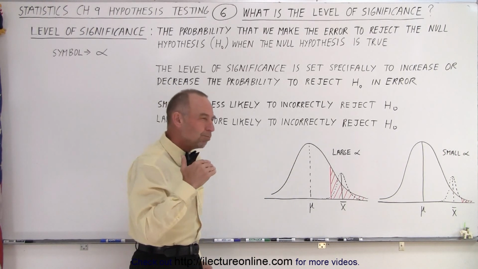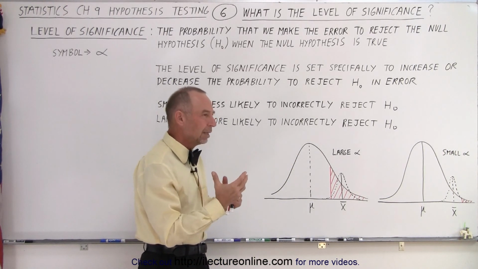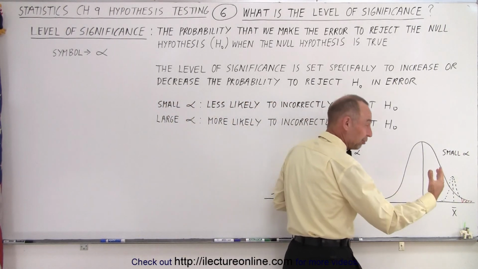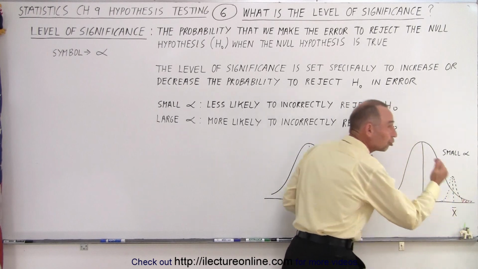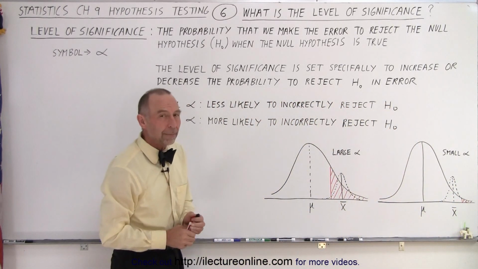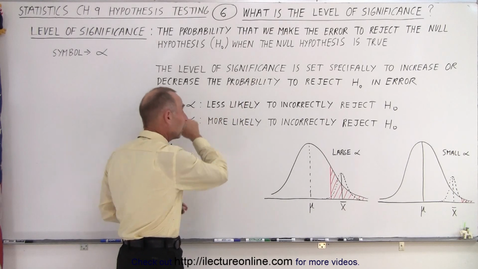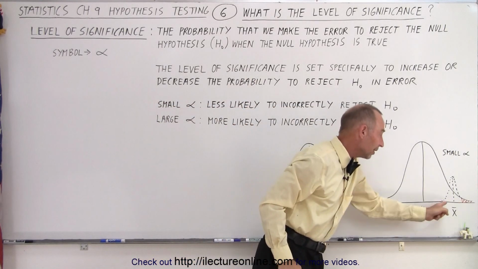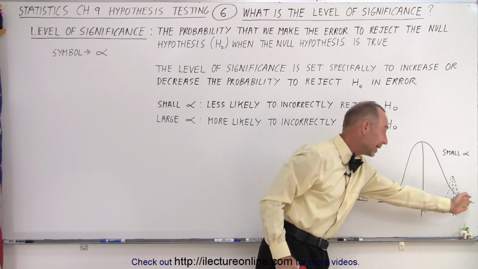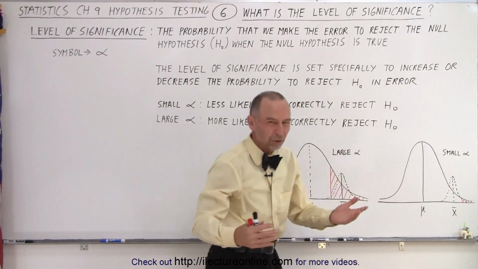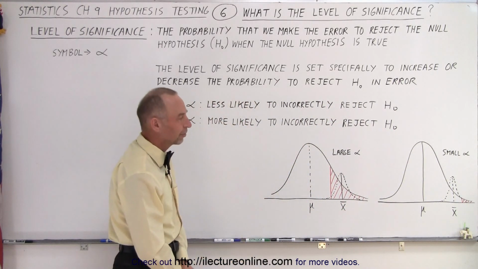It requires more specific data, more information, a better proof, so to speak, that indeed we are justified in rejecting the null hypothesis. And we can force that by making the level of significance a smaller quantity, like we did there. It'd be harder to get that sample to be in that region to see that it's separate or different from the overall population, which represents the null hypothesis.